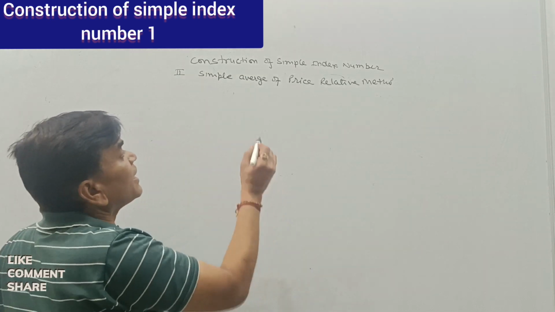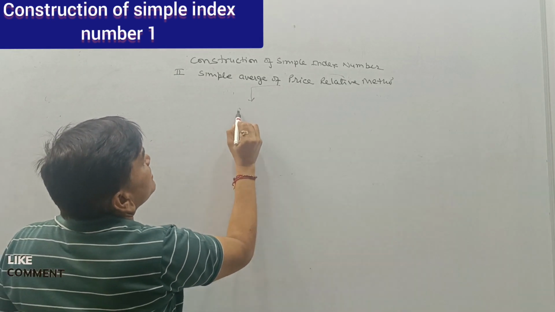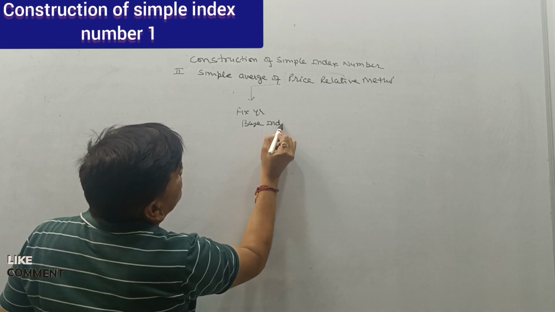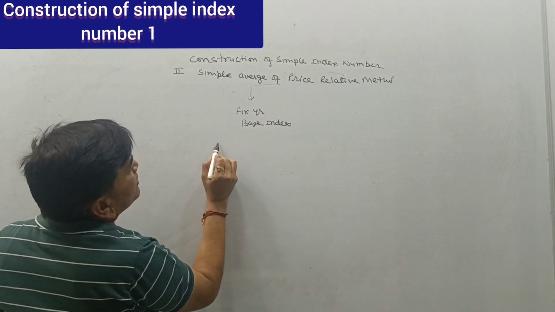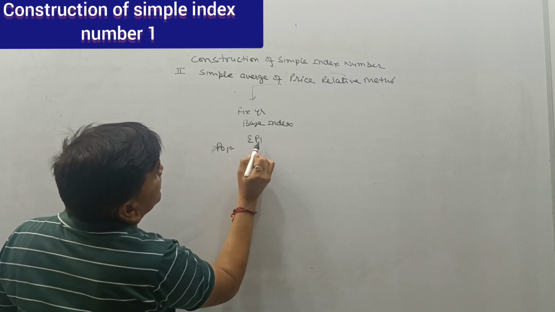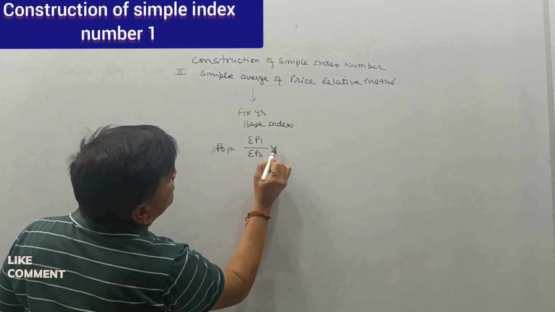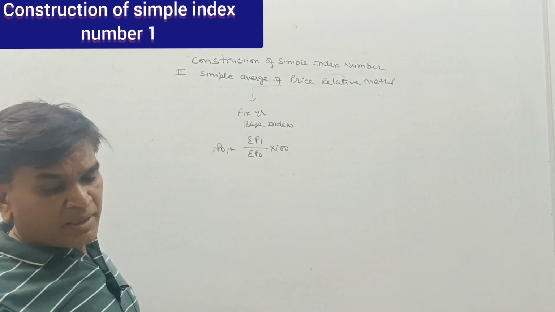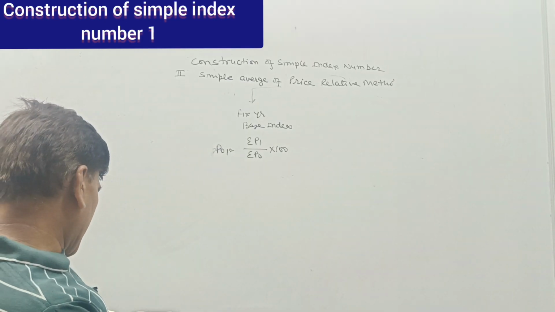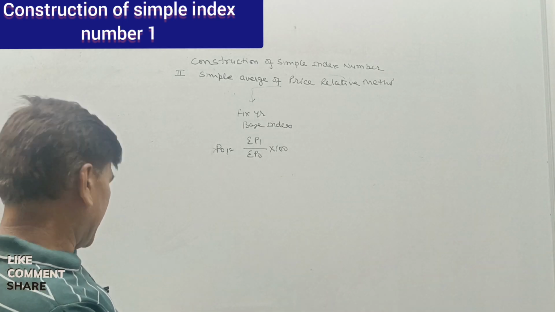Fixed year base index I have already discussed. That will be sigma P1 divided by sigma P0 multiplied by 100. This will be called the simple average of price relative method.